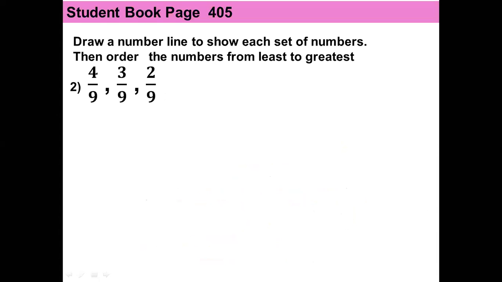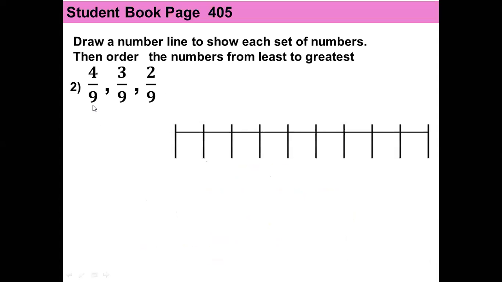Now, I will draw a number line to show each set of numbers, then order the numbers from least to greatest. Guys, before we start, look at the denominator. The denominator is 9. That means there are 9 pieces in between 0 up to 1. This is 0, and this is 1.